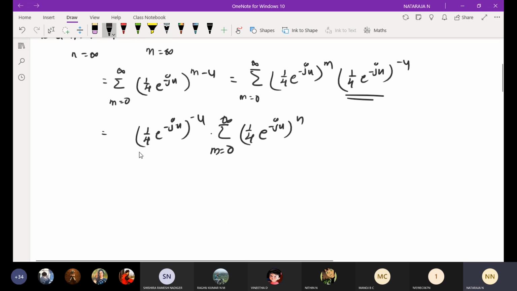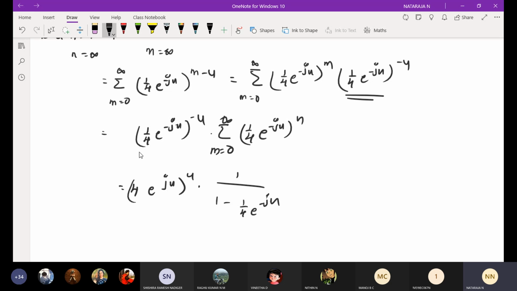And if I simplify the outside term, I can simplify it like this. That is 4 into e power minus j omega to the power of plus 4. Sorry, e power plus j omega whole to the power of 4, I can simplify. Then if I apply the formula to summation m is equal to 0 to infinity (1/4 e power minus j omega) whole to the power of m, it gives 1 by 1 minus 1/4 e power minus j omega.